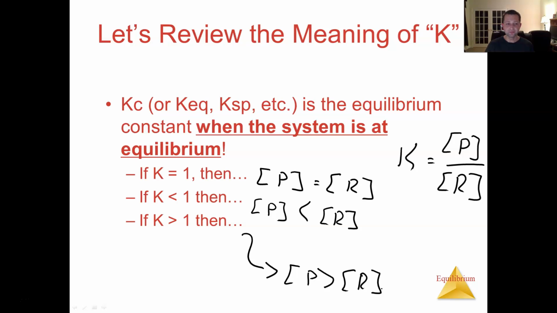If K is greater than 1, your numerator is larger than your denominator, so the concentration of products is greater than the concentration of reactants. It's really important to remember this. It's something we talked about a lot when I introduced this.